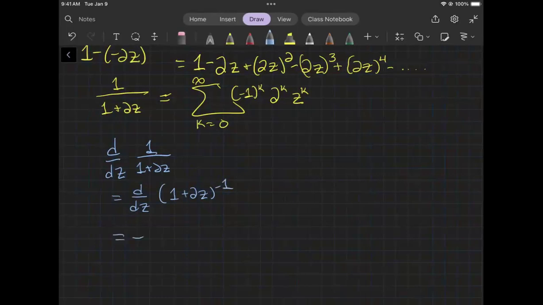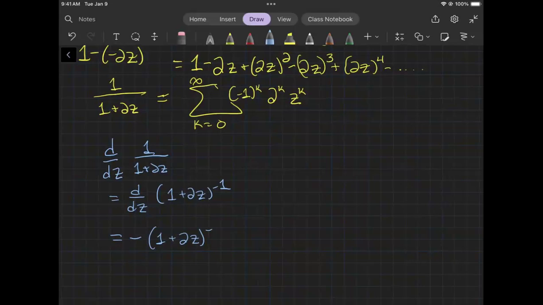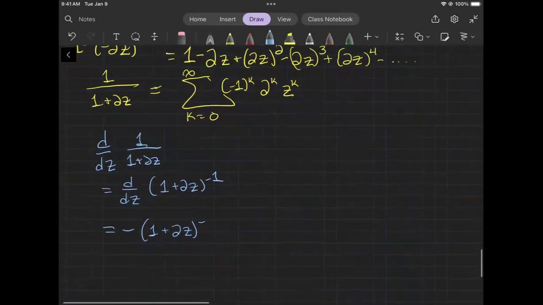So this equals minus 1 plus 2z to the minus 2 power times 2, right?